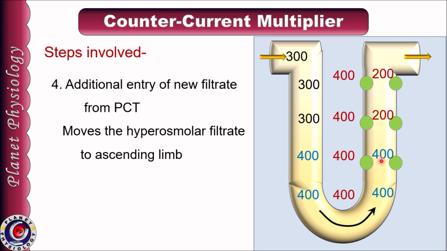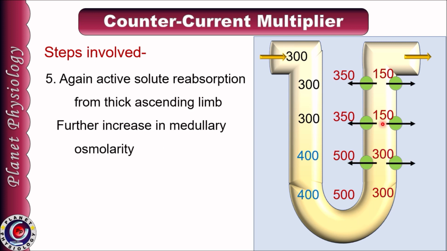The filtrate entering the descending limb is always isotonic in nature. That means its osmolarity is same as that of plasma, that is 300 milliosmoles per liter. Again, the solutes are actively reabsorbed from the thick ascending limb of loop of Henle, and there is further increase in the medullary osmolarity.